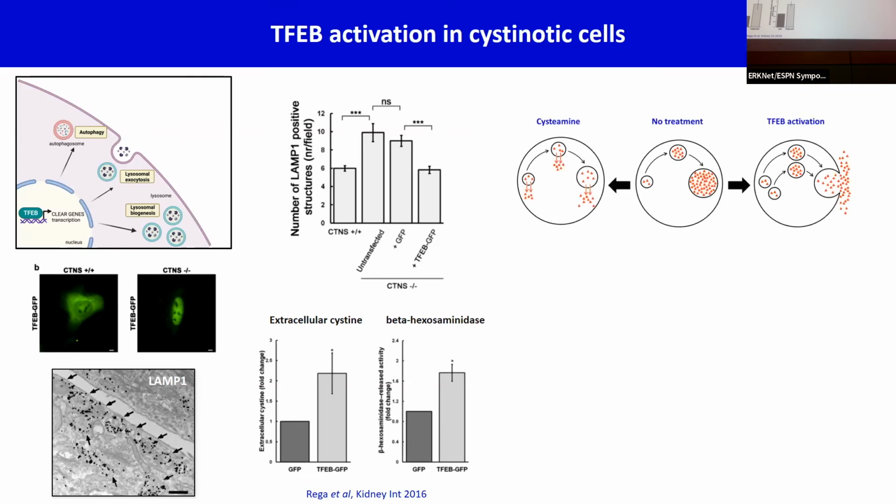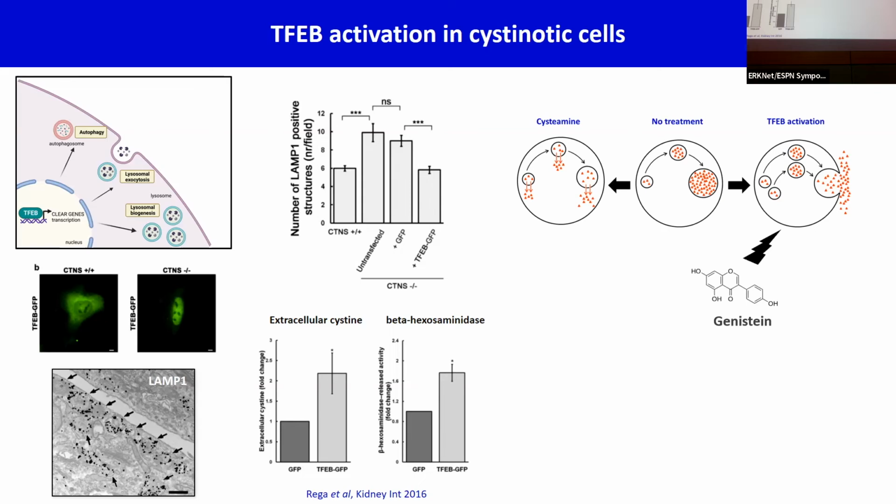So the idea here would be that with cysteamine, what we do is that we allow cystine clearance from the lysosome. Here, what we try to promote is the dumping of lysosomes to the extracellular milieu and the biosynthesis of new lysosomes.